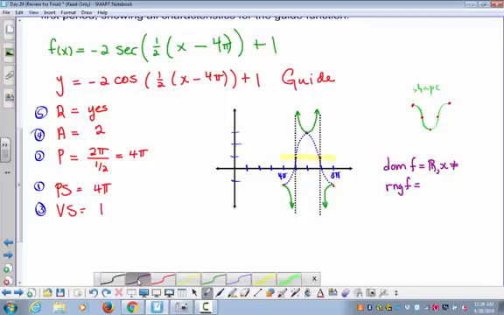So we just need to figure out an asymptote and the distance between consecutive asymptotes. It doesn't really matter which asymptote you start with. You could start backing up here. But it's important to realize that there is 2 pi between consecutive asymptotes. So it's totally fine if you want to say your first asymptote is 5 pi. You don't have to come back over here and start figuring them out.